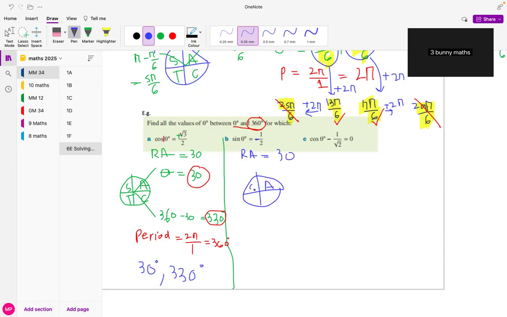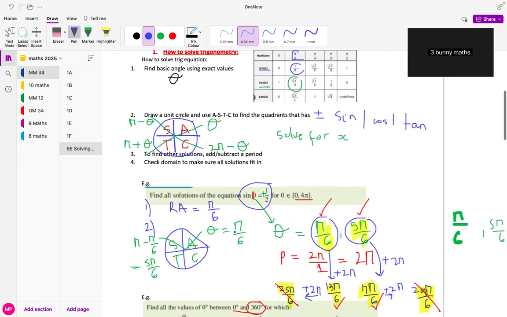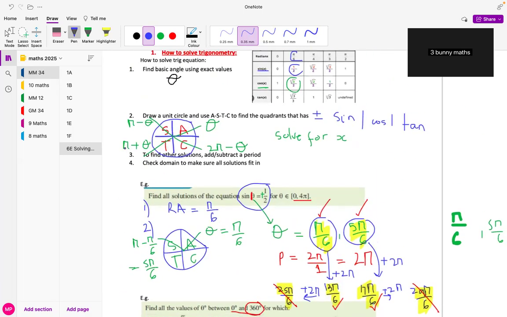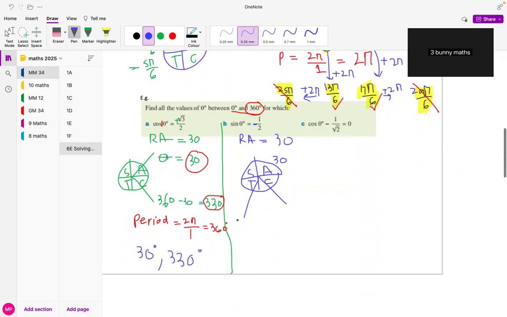So the quadrants that have sine negative are T and C. So 30 degrees in quadrant 1. In the third quadrant, remember, it's pi plus theta, 180 plus theta. So I would have 180 plus 30. That's going to give me 210.